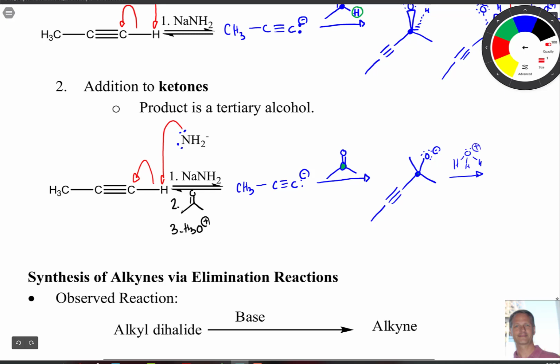So right, last step is we're just going to grab that hydrogen there. So let's come over, grab it and do this. And that gives us our final product here, which is a tertiary alcohol.